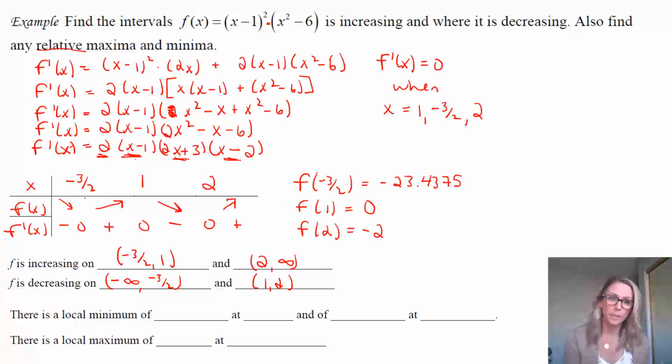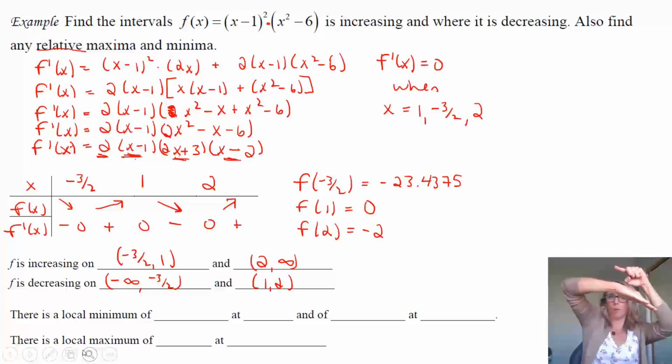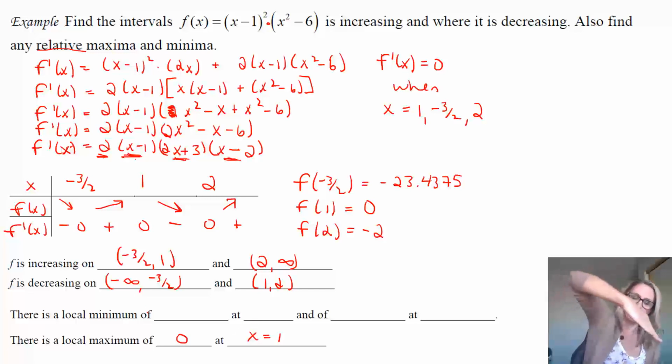So we can see here that we've got local minimums. Understand that local minimums come in when the function goes from decreasing to increasing. Anywhere it goes from decreasing to increasing is going to give you a local minimum. Anywhere it goes from increasing to decreasing is going to give you a local maximum. So you can see that our maximum is 0 at x equals 1, because we are increasing up to 1 and then we decrease after 1.